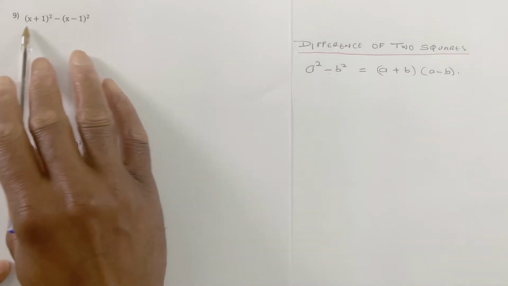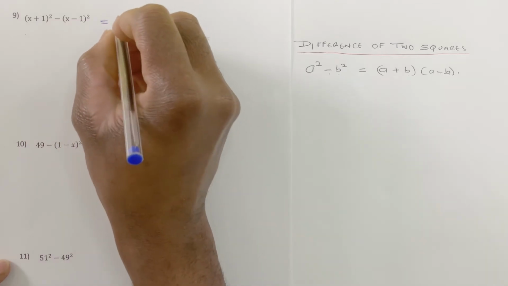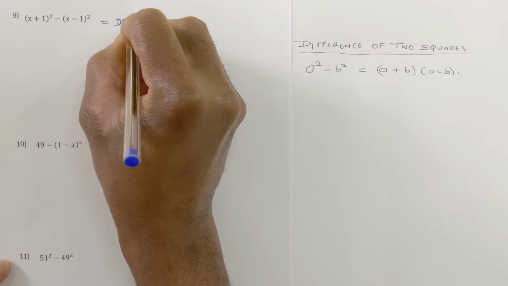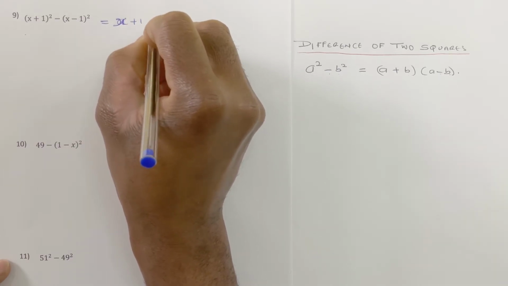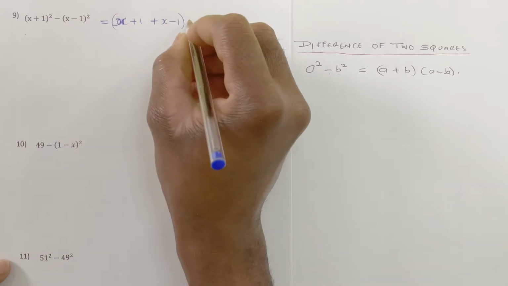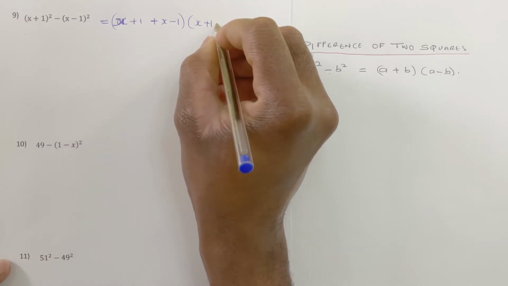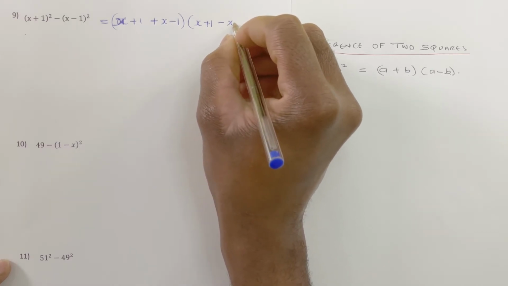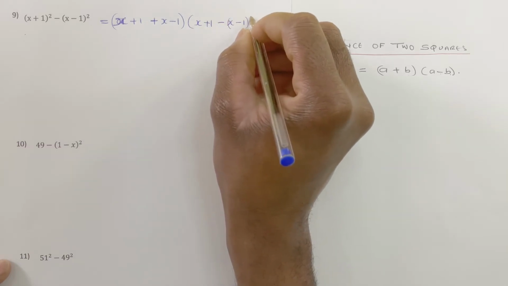If you can't see what's going on here, you could just say that's going to be x plus 1, plus x minus 1, times x plus 1, minus x minus 1. So you have to be careful with this one.